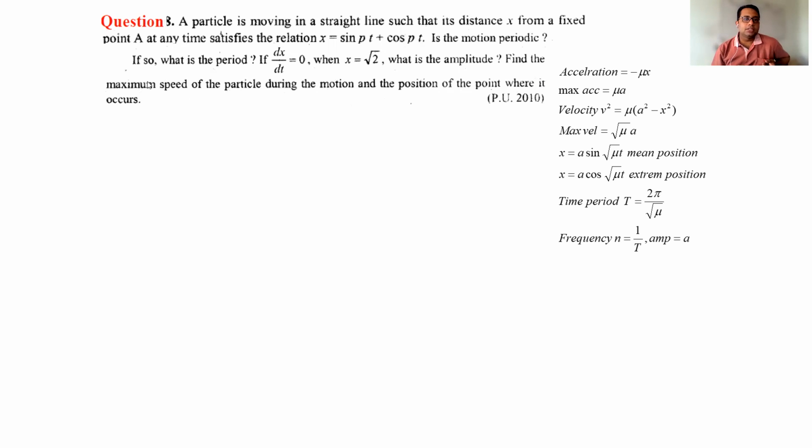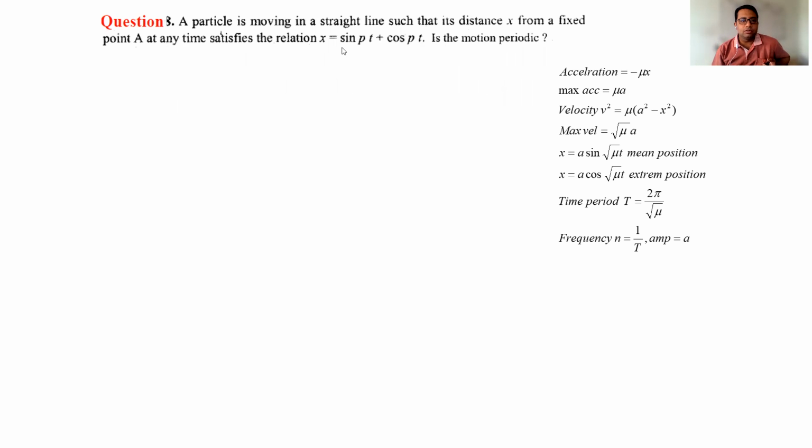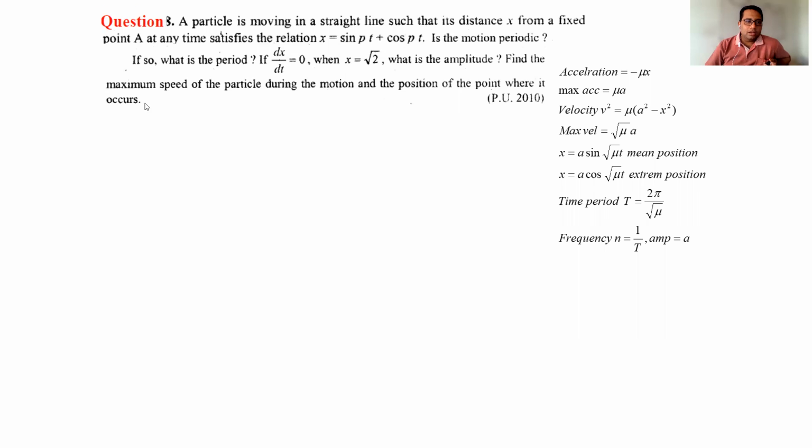So the first question is this: if we are given the relation of distance and time like this, x = sin pt + cos pt, we have to verify whether the motion is periodic or not. Next, what is the period?